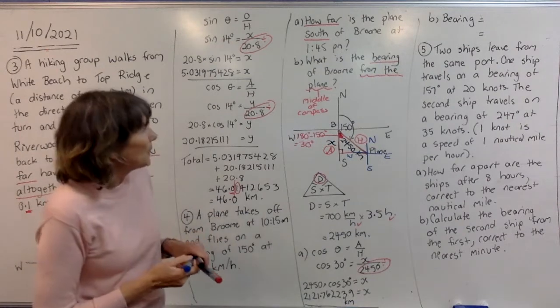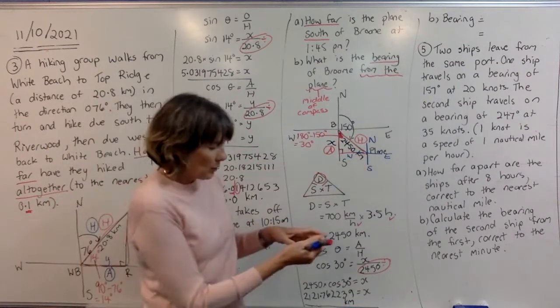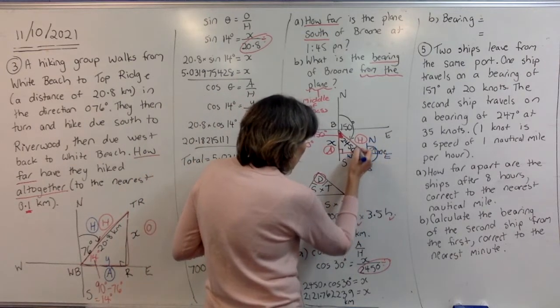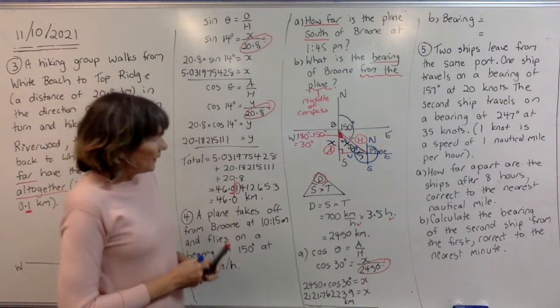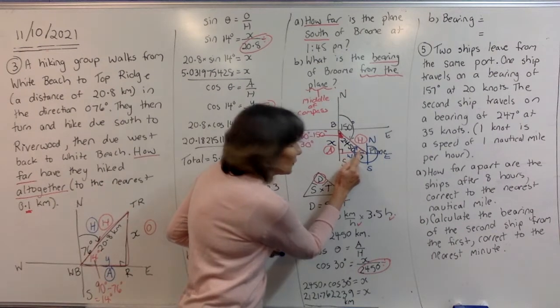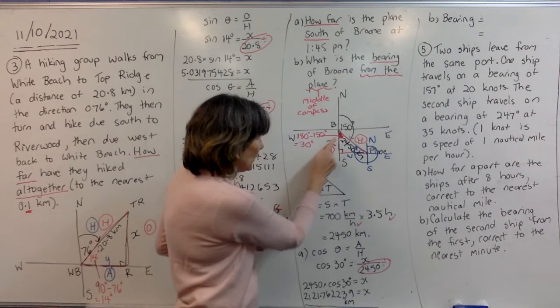All right, now we want the bearing of Broome from the plane. So we're looking for this angle here for our bearing, north clockwise till we hit the line. That's what we're after. To get it, we can't get that bearing unless we know this little angle in the corner of this triangle here, the red one. If you think about it, that was 30.